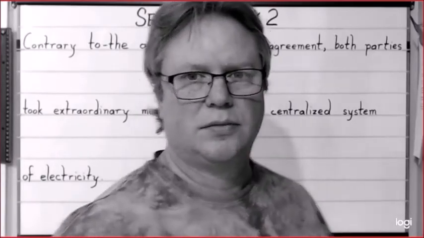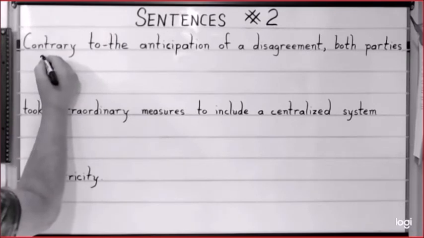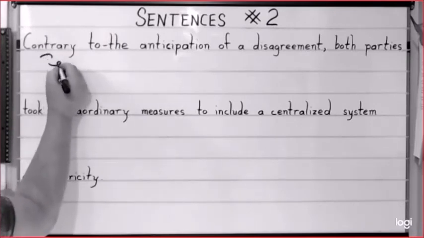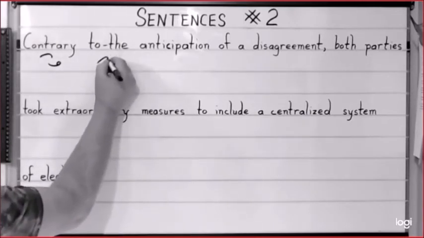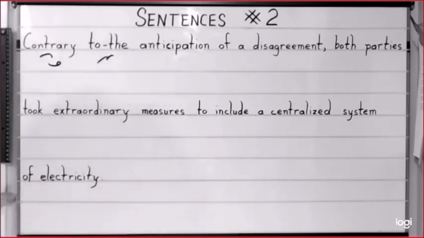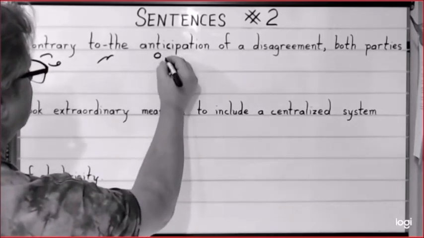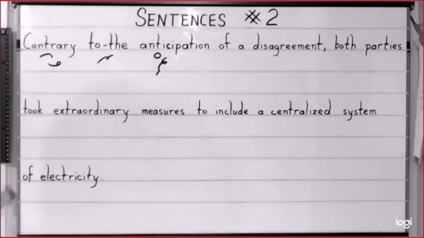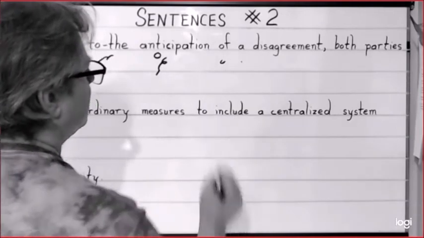On to sentence number 2. Contrary is K, then a separate R, E underneath. To the, T, U, T, H. Anticipation, disjoined A, and an S, I, P, S, H. Of, an O, A is a dot.